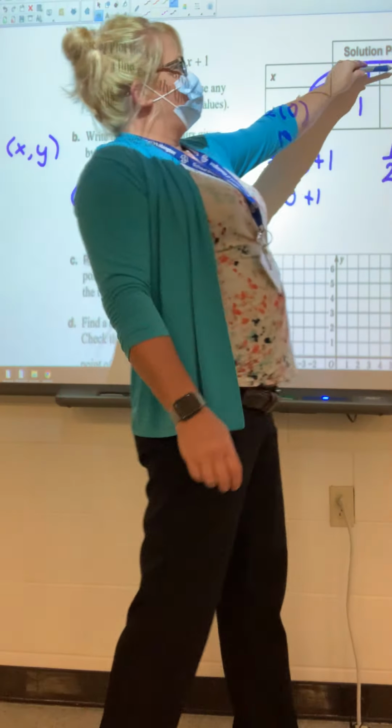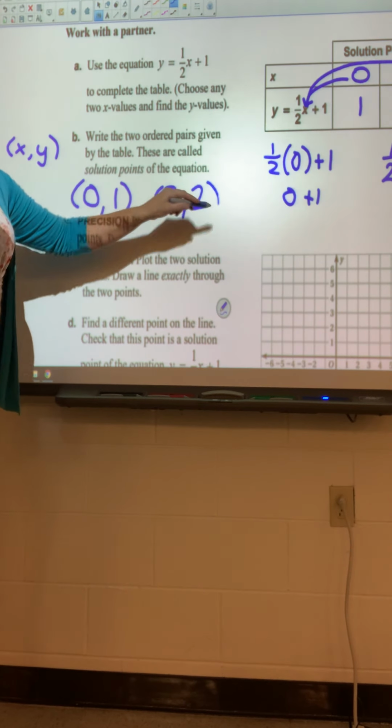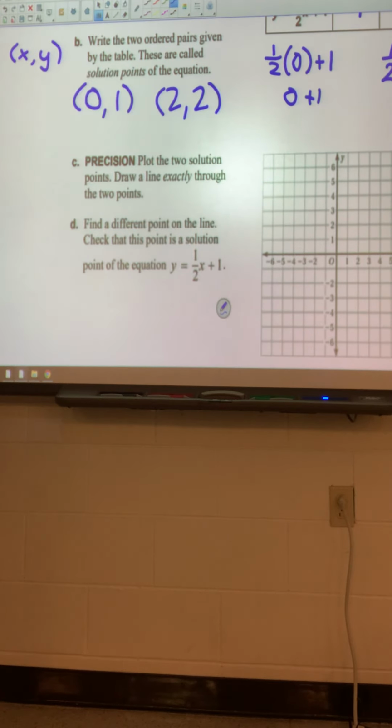The other one was 2 comma 2. So on a coordinate plane, you have the x's and you have the y's. These are 2 of the solutions that are part of this line. Are they the only solutions? No.